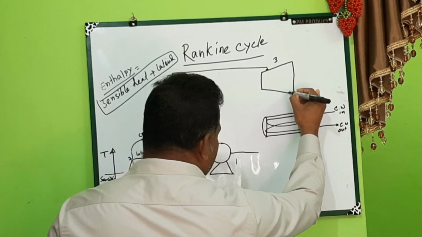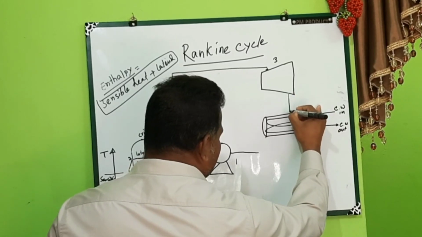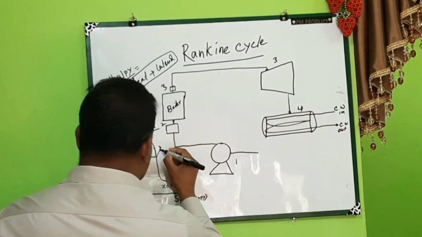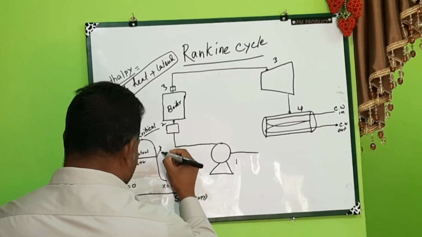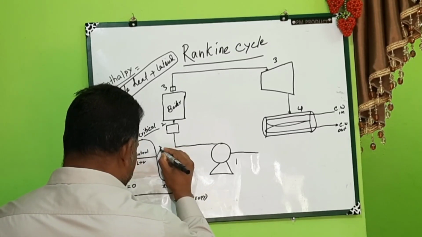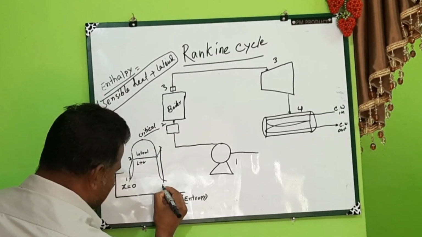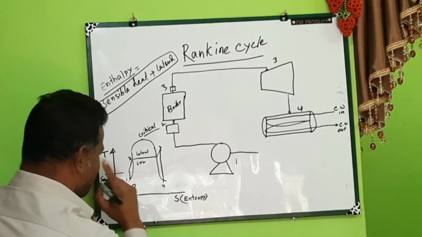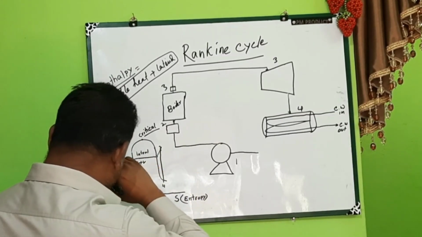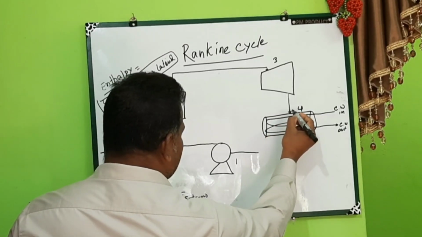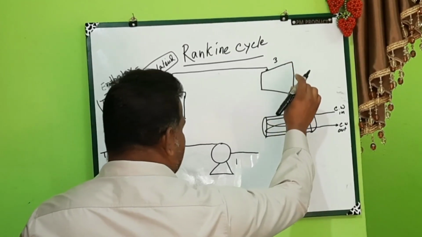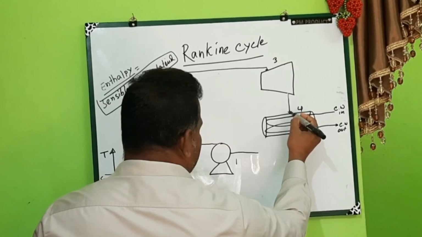After expansion, this will come to the condenser. Think of this as point 4. After coming to the condenser, the steam temperature reduces and pressure also reduces.